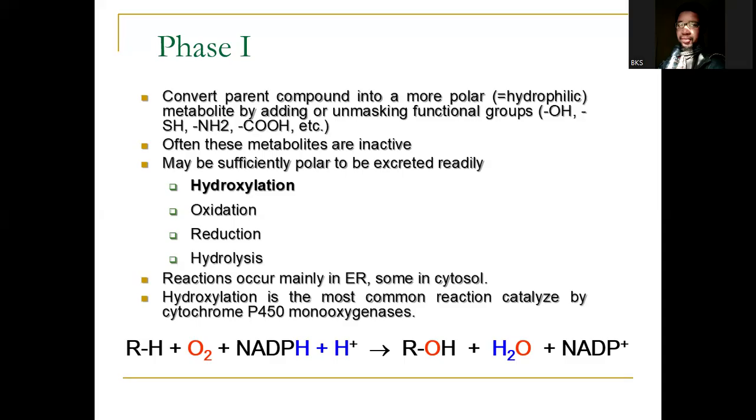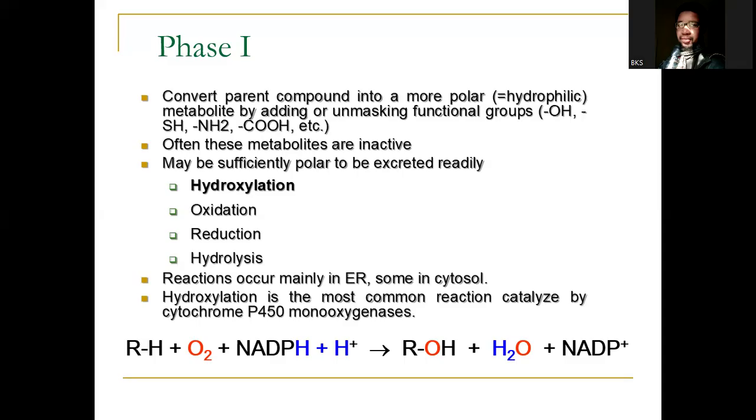But you can have some cases where just the phase 1 reaction is making it polar enough so that it can easily be excreted. So the major reactions in phase 1 include hydroxylation, oxidation, reduction, and hydrolysis.